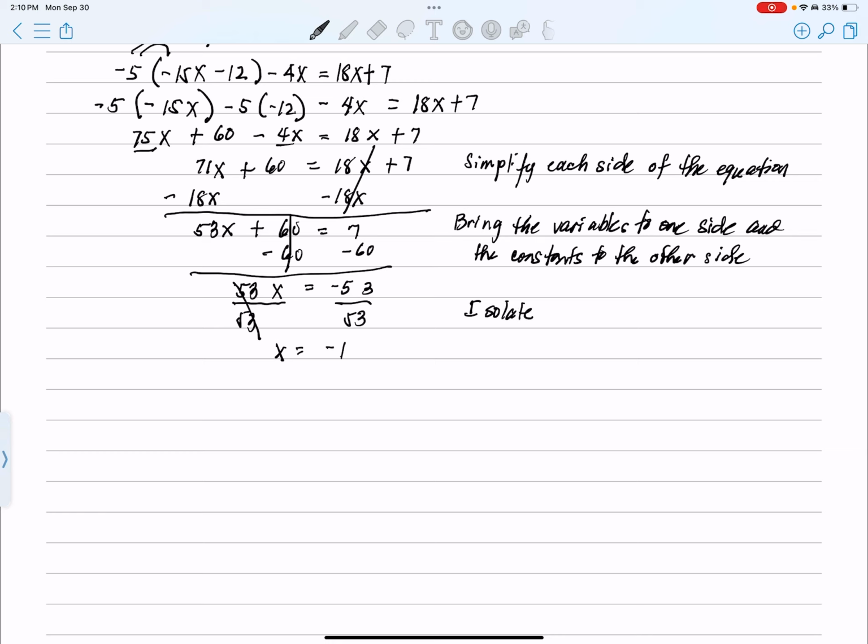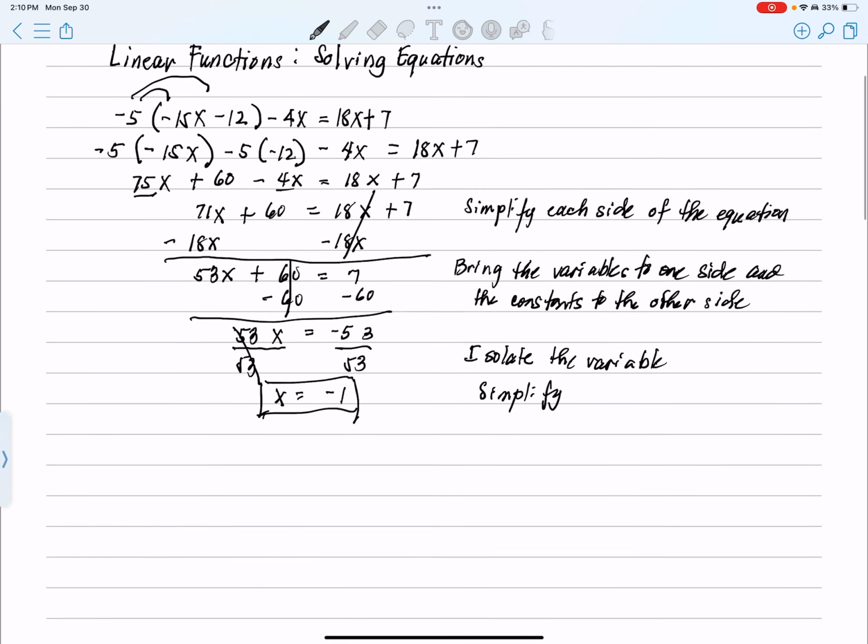We isolate the variable, and then we simplify. By simplifying, we come up with the answer of x equals negative 1. That's it.